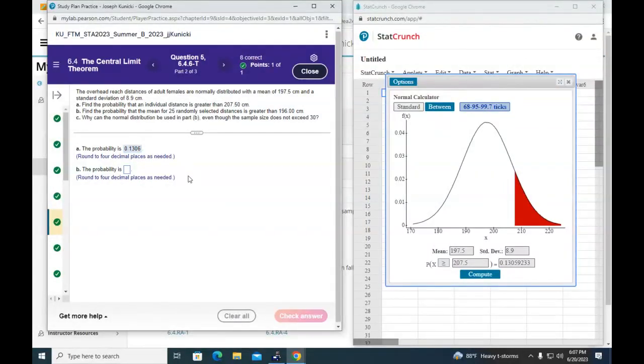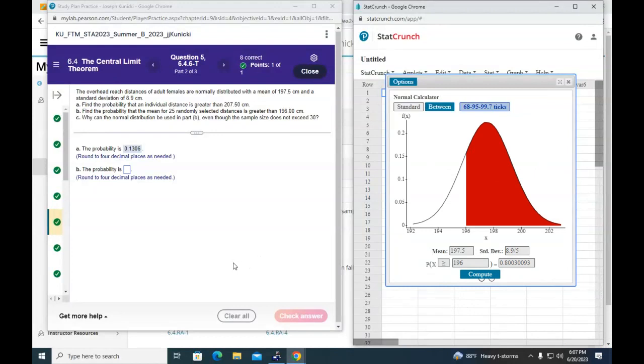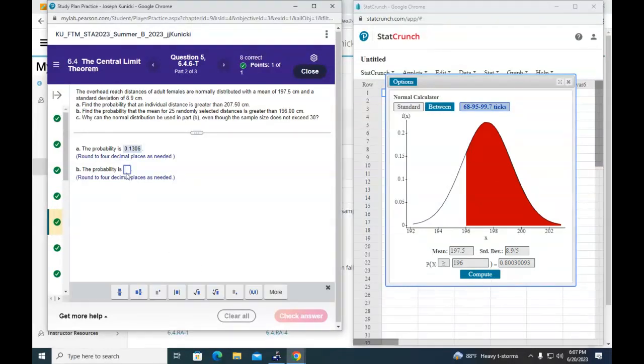Okay. What's the probability that 25 randomly selected distances are greater than 196? So greater than 196. Only now I got to go up here and change this to the standard error. I divide by the square root of 25, which is 5. So divided by 5. We get 0.8003.